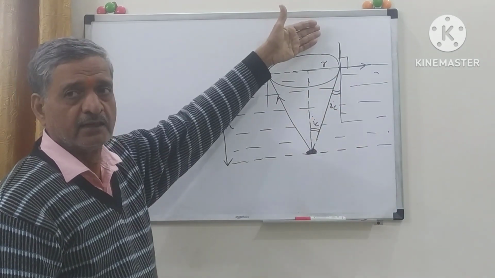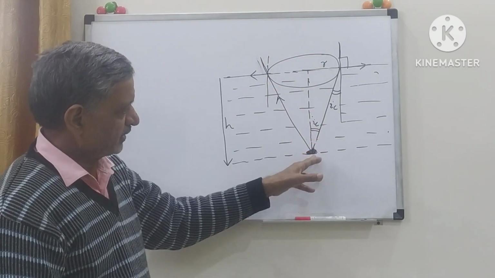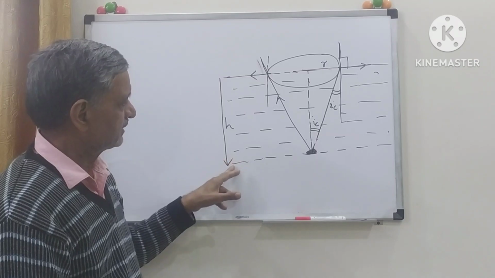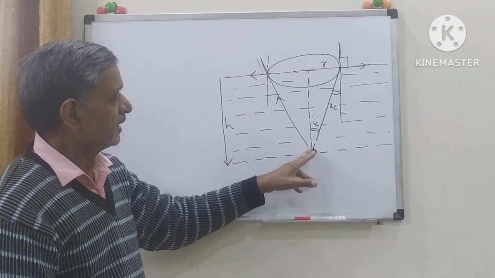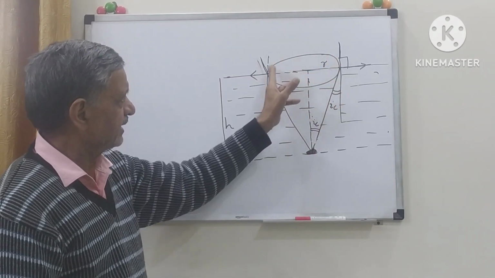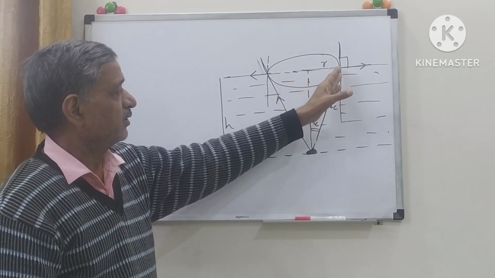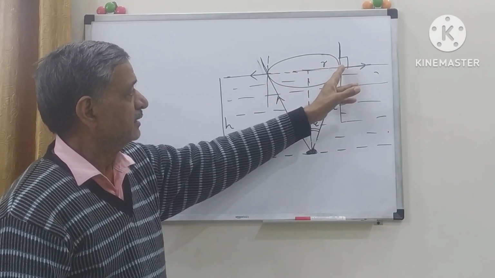Water, air, a point source of light is placed here at a depth h. अब आपसे कहा गया कि इतने एरिया से लाइट बाहर निकल रही है. इसका मतलब क्या हो गया?